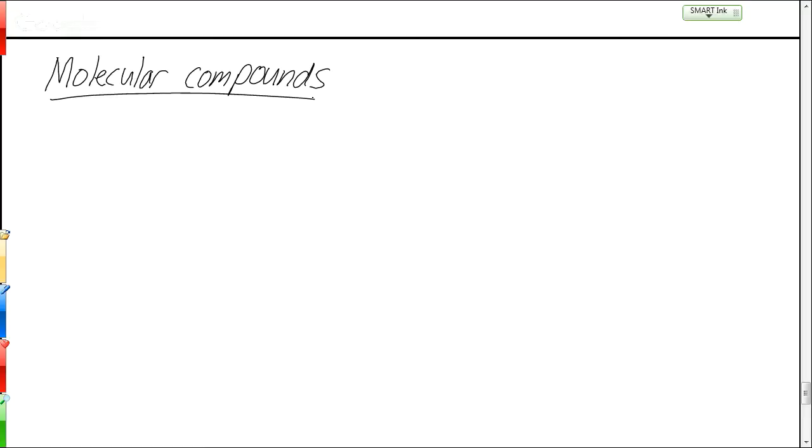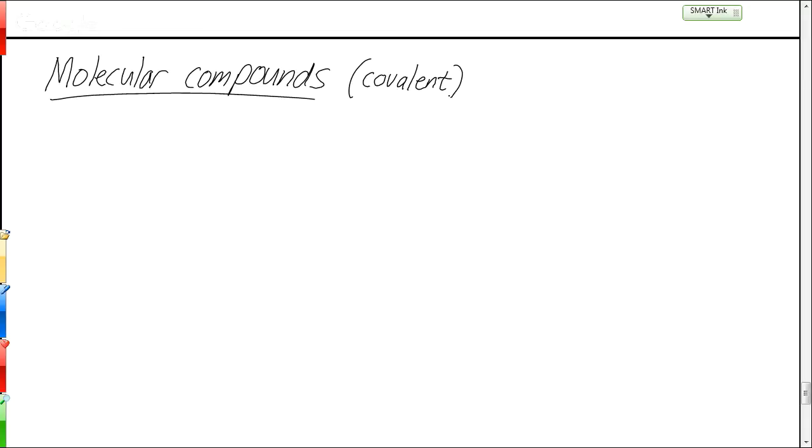All right, so the last category of naming is the non-ionic compounds, compounds that are not made of ions at all. These are called molecular compounds or covalent compounds. Everybody likes these because they're easy to name. We will talk next week about what it means for a compound to be molecular or covalent.